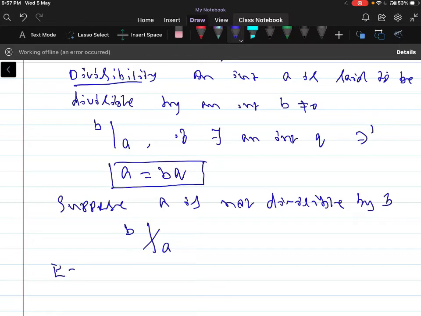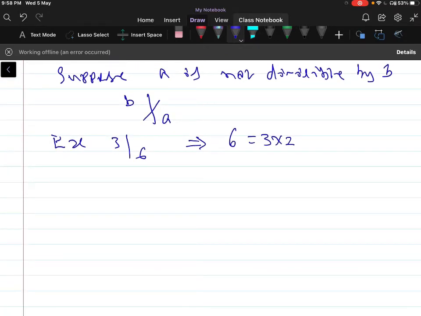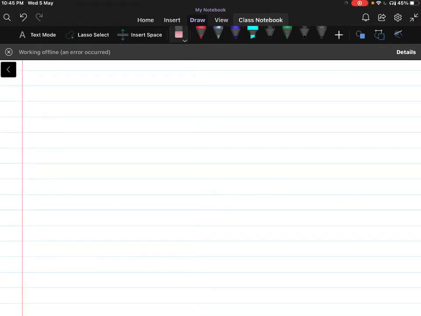For example, 3 divides 6, so this can be written as 6 is equal to 3 into 2. 2 divides 10, so this implies 10 can be written as 2 into 5. So now we'll move to the properties of divisibility.